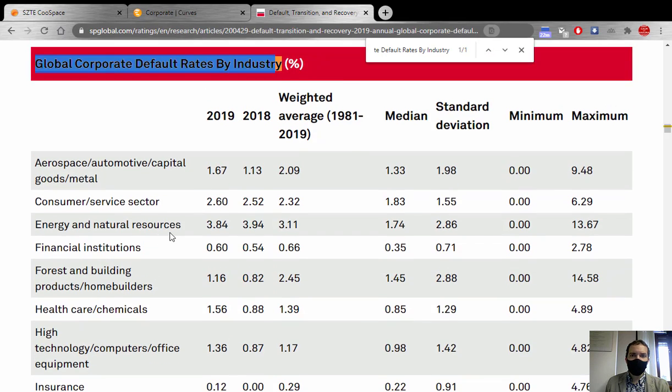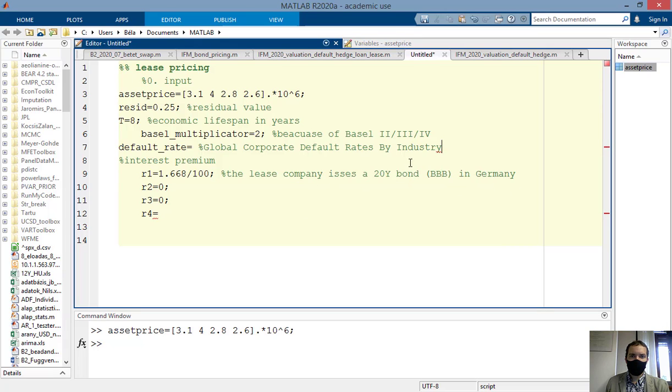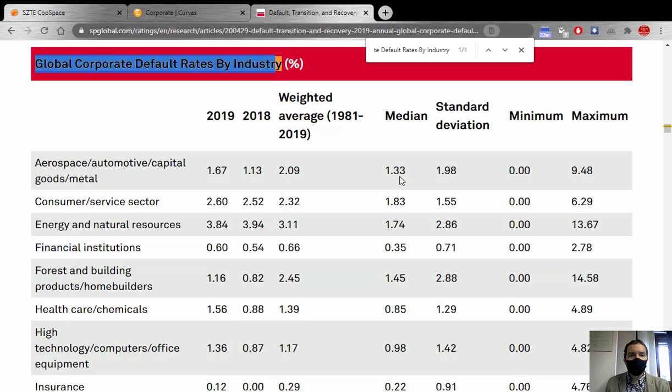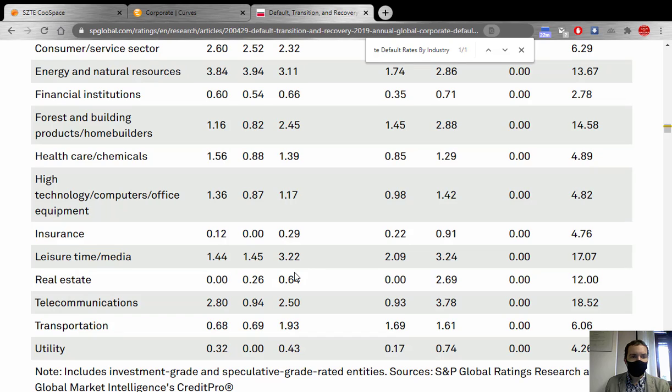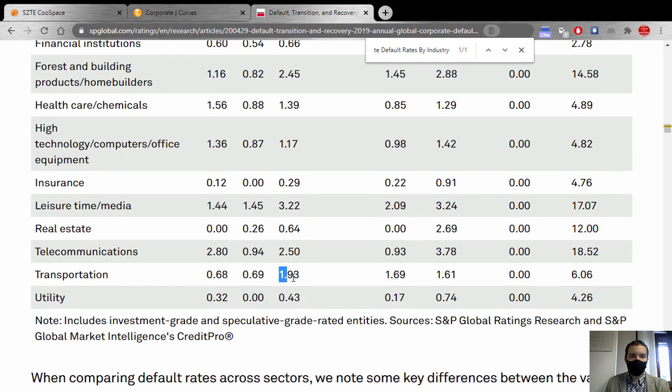And here we are looking at the weighted average and transportation.